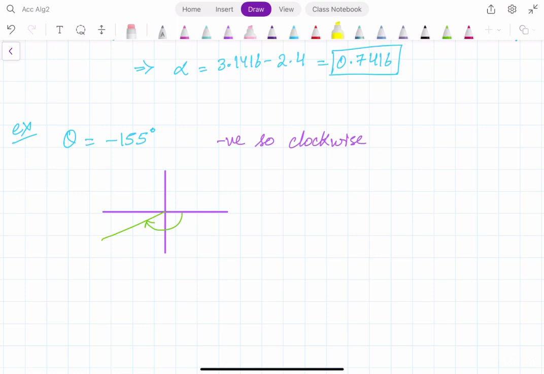So ask yourself how much is needed with 155 to get to 180. Forget about the negative sign. The negative sign was there just to represent whether the angle is going clockwise or anti-clockwise. So alpha will be 180 minus 155, and that will be 25 degrees.